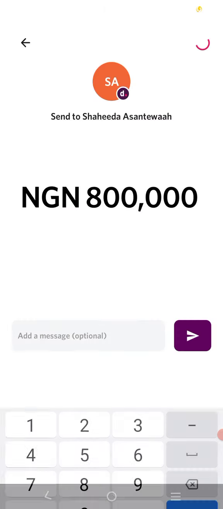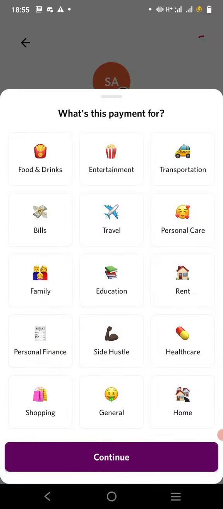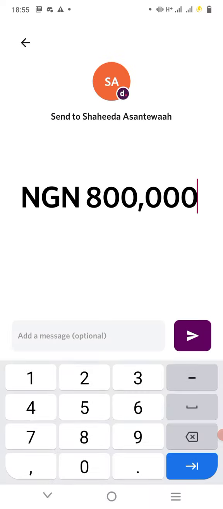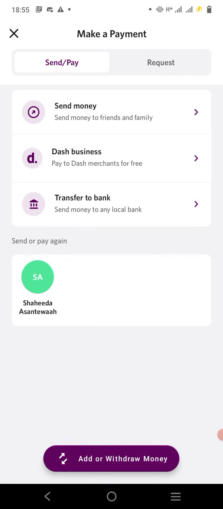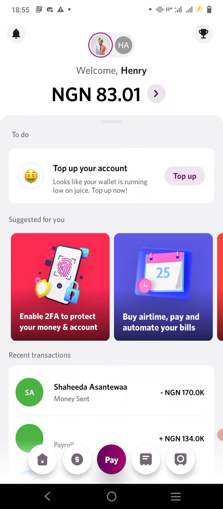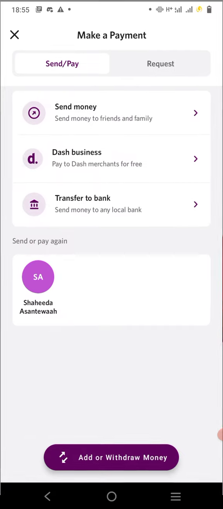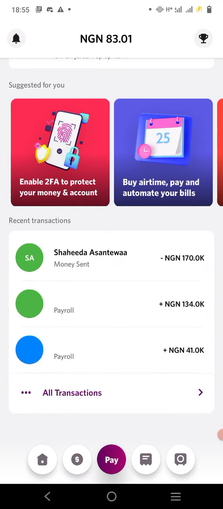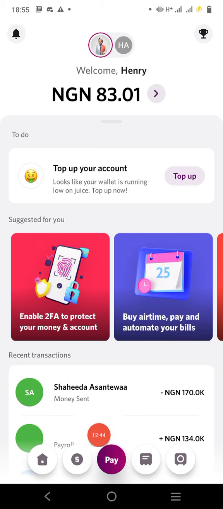So for 800,000, sorry, I wanted to get the equivalent. If you want to see the amount to be exchanged, you click on pay, which is at the bottom here.